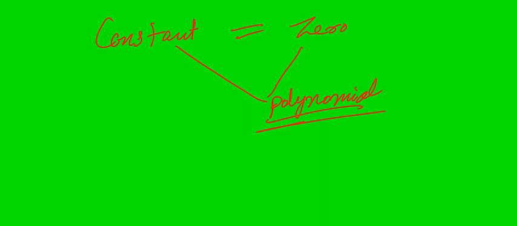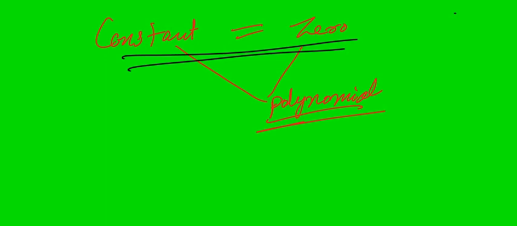Most of the students get confused in this part. Basically, the constant polynomial 0 is called a zero polynomial.